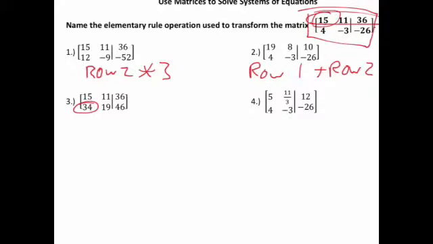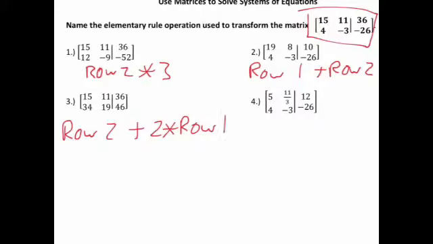If you do 15 times 2 and add it, you'd get 34. And on the next one, 11 times 2 gives you 22. If you add that to negative 3, that gives you 19. So this one is row 2 plus 2 times row 1. So it's like multiply the first one times 2 and then add it to the second row.